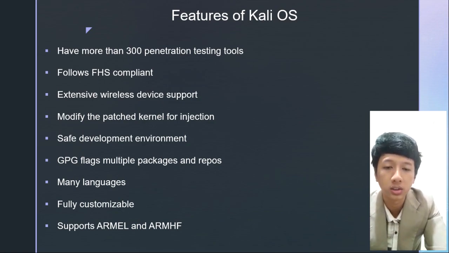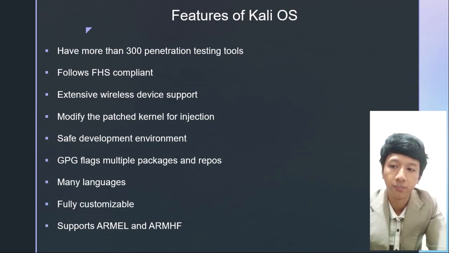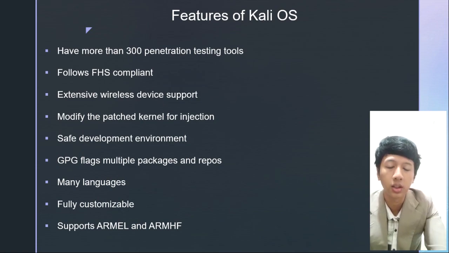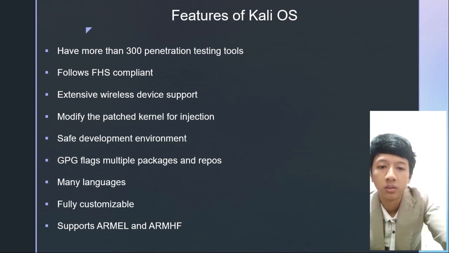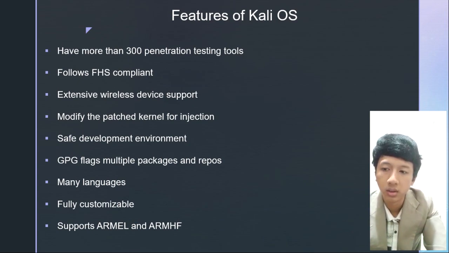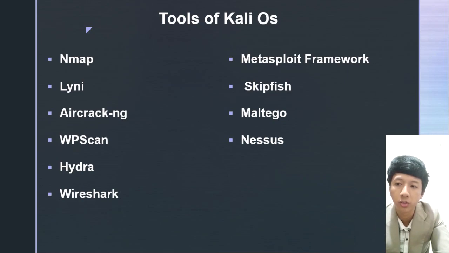Extensive wireless device support. 4. Patched kernel for injection. 5. Has a safe development environment. 6. GPG signed multiple packages and repos. 7. Has many languages. And 8. Fully customizable.